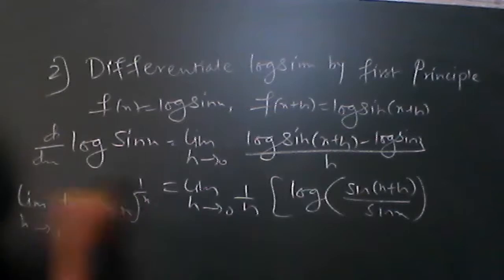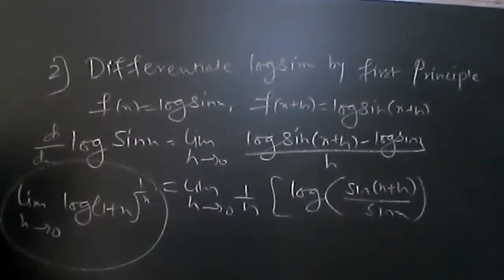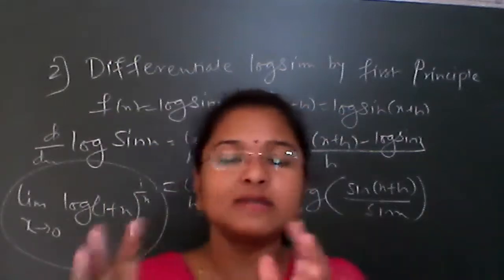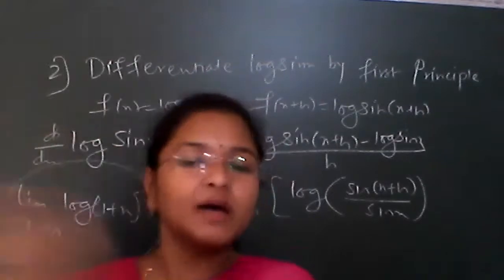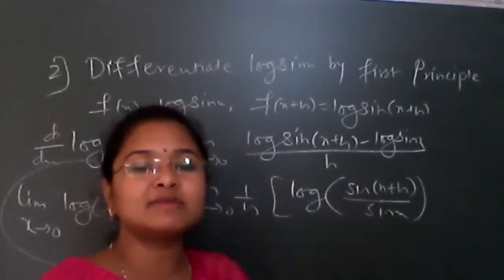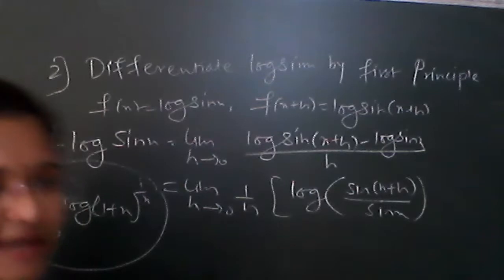This power can also be written as a multiplier, because whatever the multiplier is, we can take it as the power. So as x tends to 0, log of (1 plus x) raised to 1 upon x. Here, for the log of this quantity, the rational function should be of the form 1 plus something, so that we get the standard form.